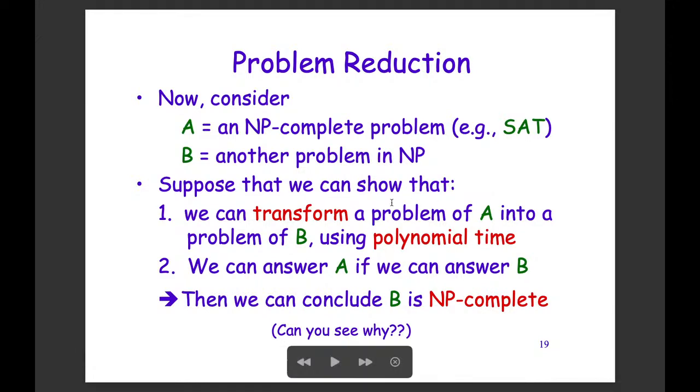And the second part is, if we can answer B, then we must be able to answer A. Then in that case, we can conclude that B is NP complete.